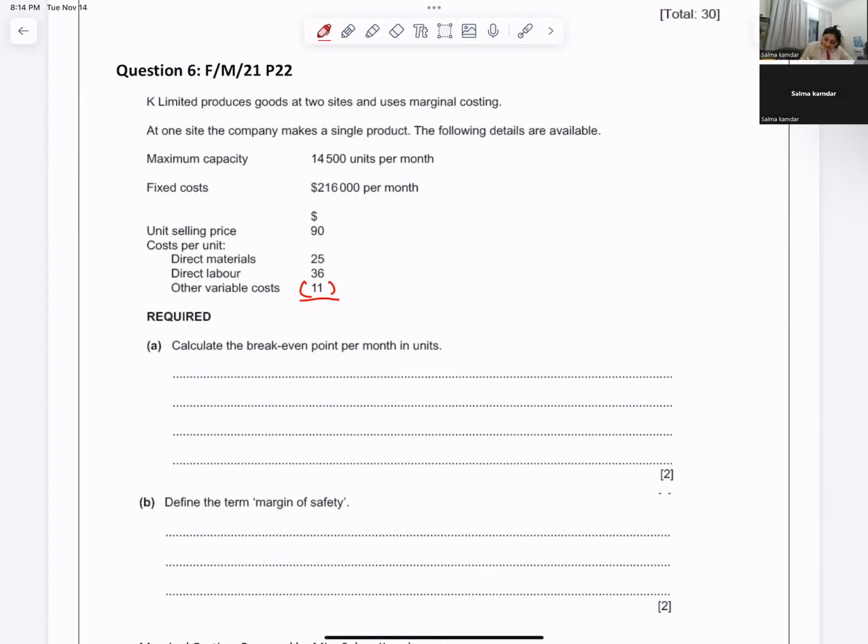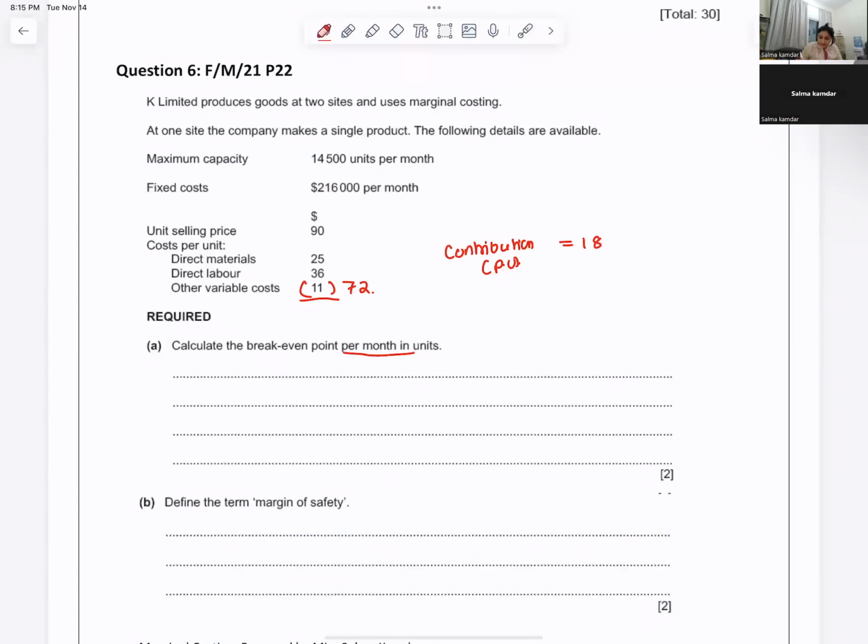So the total variable cost is 72. So I can find out my contribution, and my contribution would be 90 minus 72 is 18 per unit.